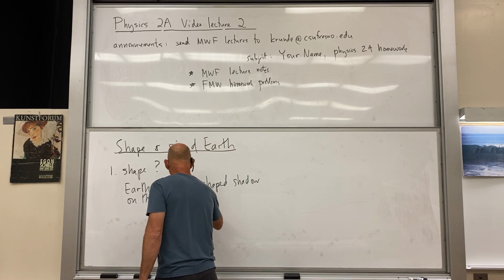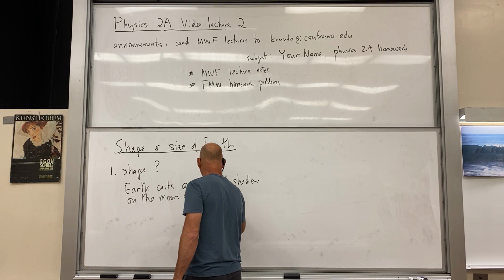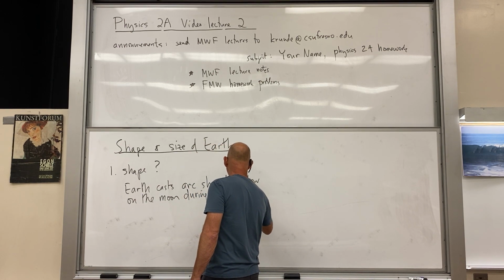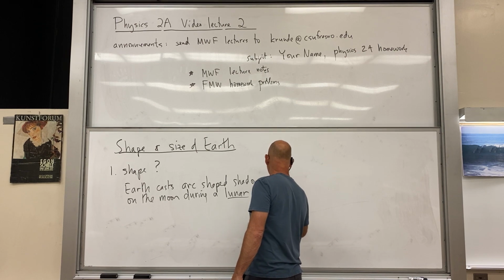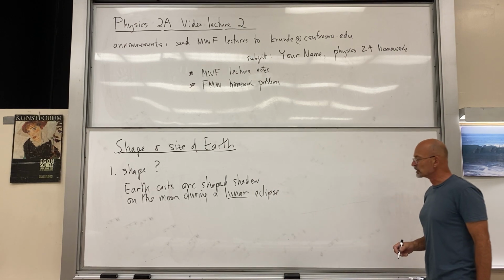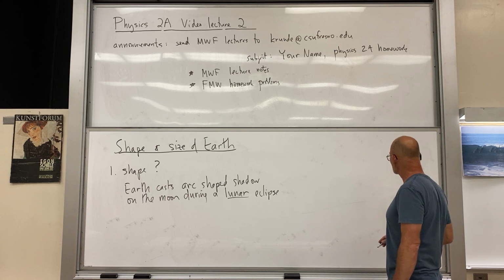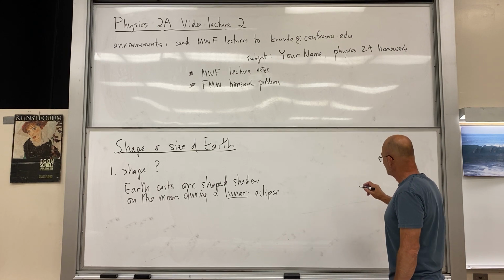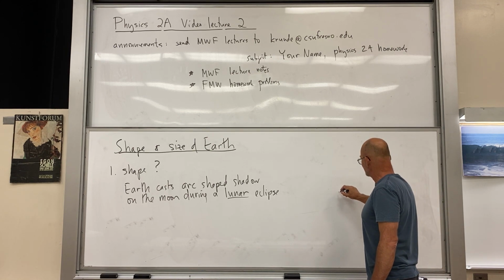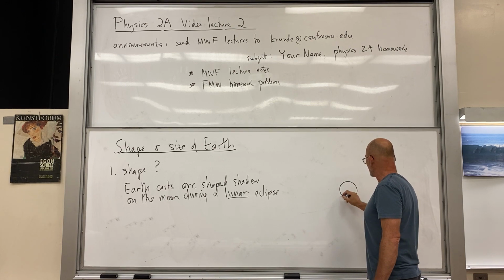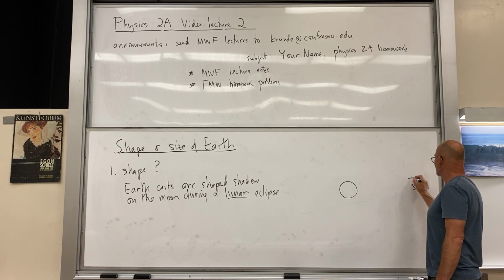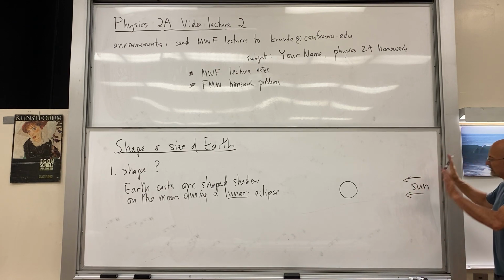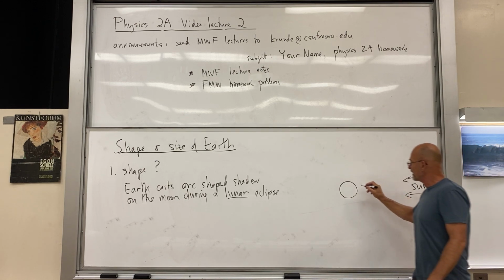And there's a nice little picture that goes with that. Lunar eclipse. Yeah, you might want to look up something about a lunar eclipse. The picture I'm going to draw is like this. We have our Earth. I'm going to say the sun is out here shining on the Earth.